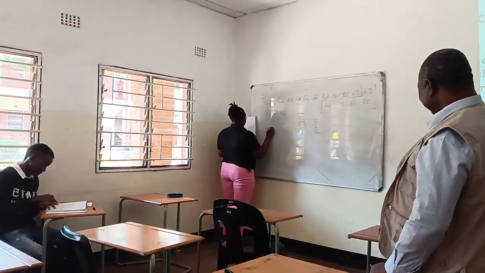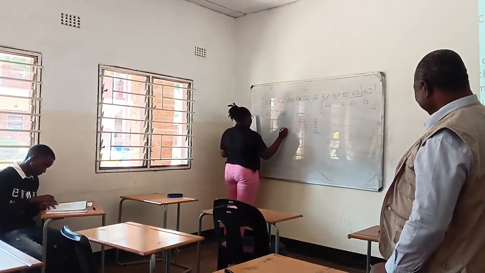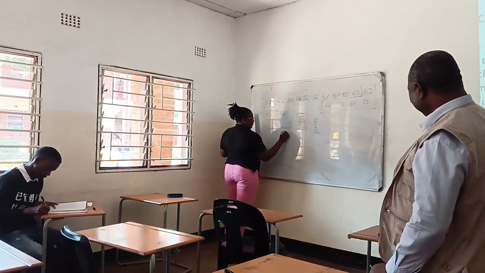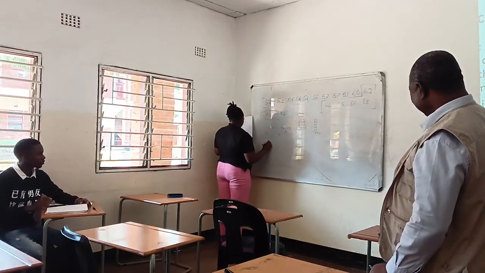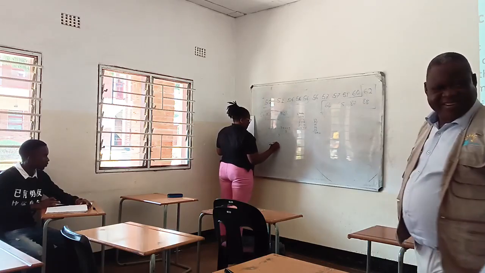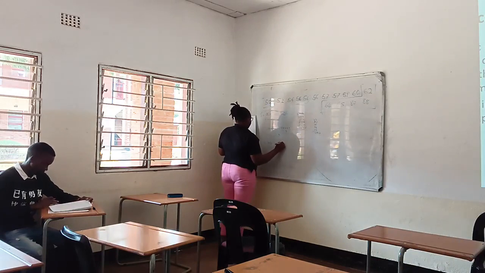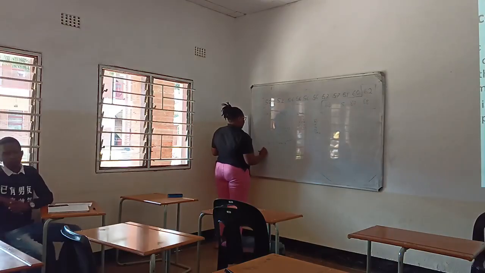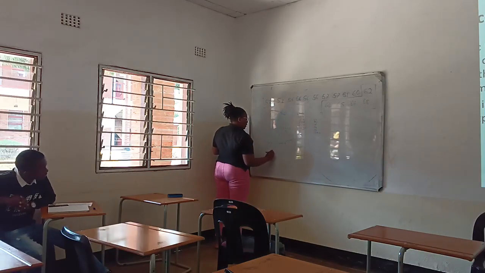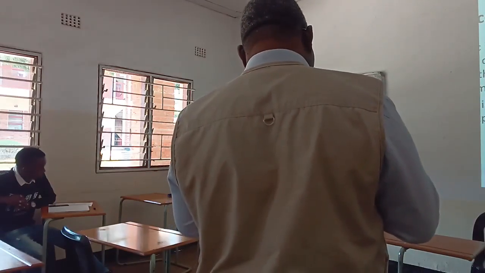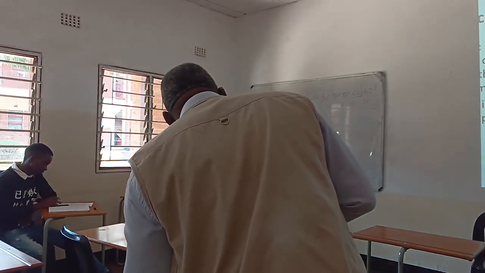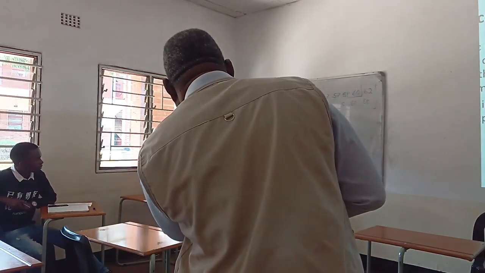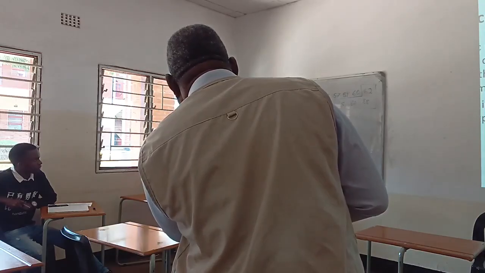This is the 74. This is 15 divided by 5, it's 3, then the square root of 3 is 1.7.